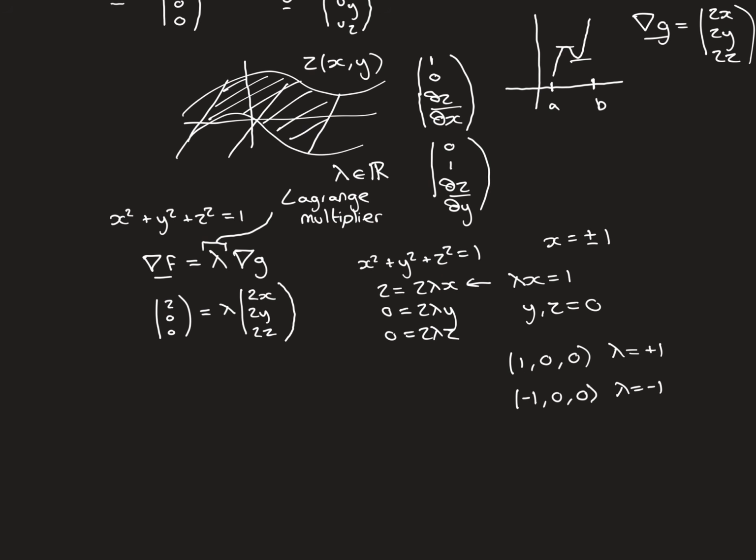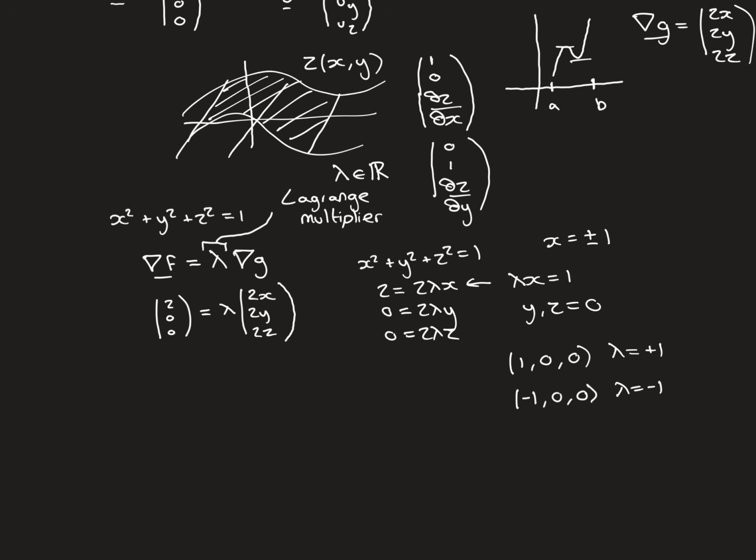And of course, that corresponds to the fact that for this point, the gradient vector is parallel to the normal vector. So here, if you put in 1, 0, 0, you get 2, 0, 0, so they're the exact same vector. So the Lagrange multiplier you need is just 1.